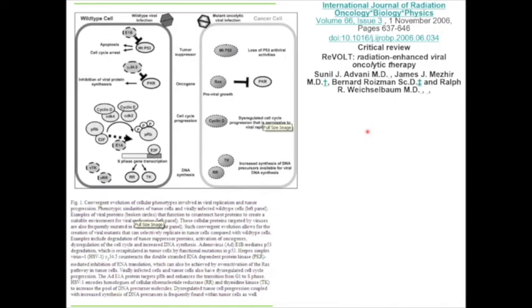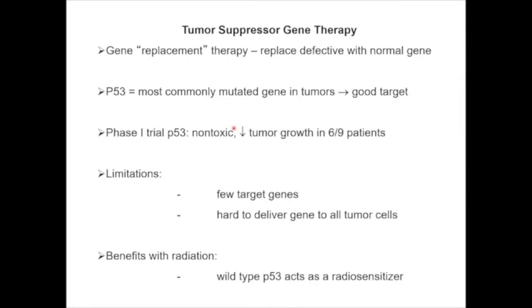There was a lot of discussion of other approaches for gene therapy. One of them was called radiation-enhanced viral oncolytic therapy, or REVOLT. This is where a mutant virus came in and would alter certain functions within the cell. That has not panned out to be very successful.